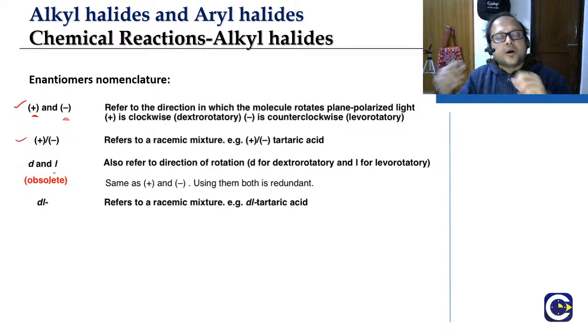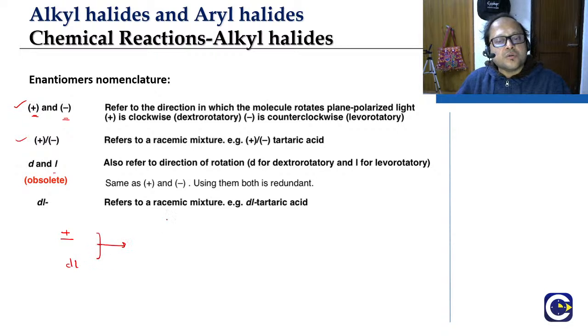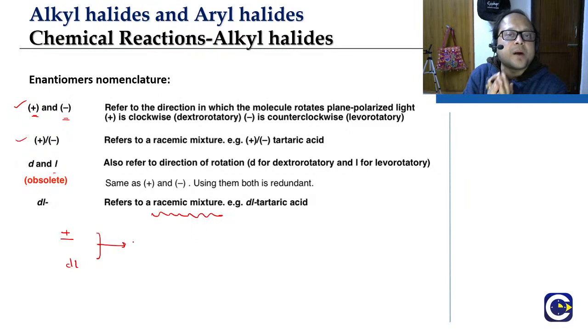And if plus and minus are kept together, or DL is written together, these two refer to a racemic mixture. That means both the dextro and levo parts are present in equal amounts, so they nullify each other's optical rotation, and ultimately the mixture you get is optically inactive, known as a racemic mixture.